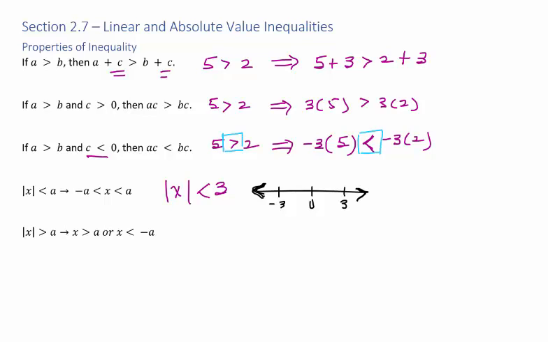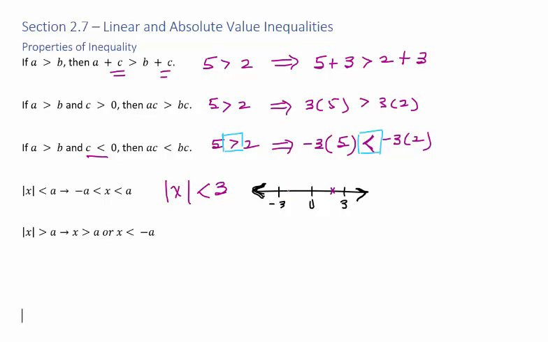If we look for values that would satisfy this inequality, we can take a look at numbers that are less than 3. So 2, absolute value of 2 is 2. So 2 would definitely satisfy the inequality. 1 would, 0 would. Any fractions between them would also satisfy.